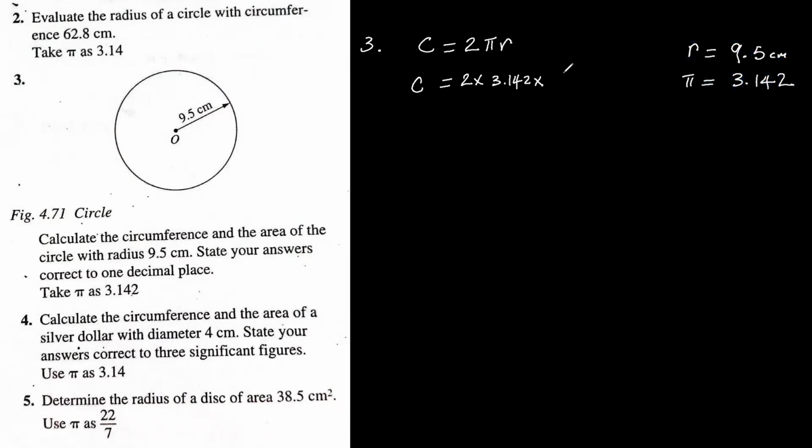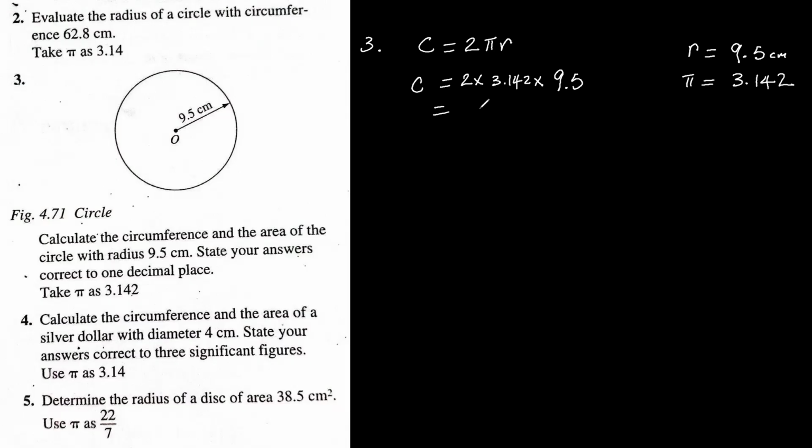R is 9.5. So let's work that out: 2 times 3.142 times 9.5.